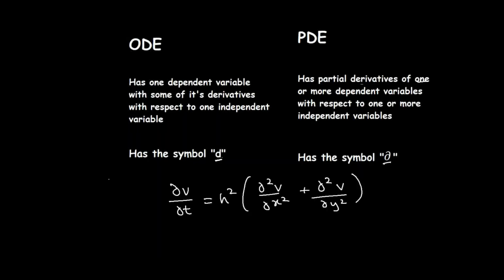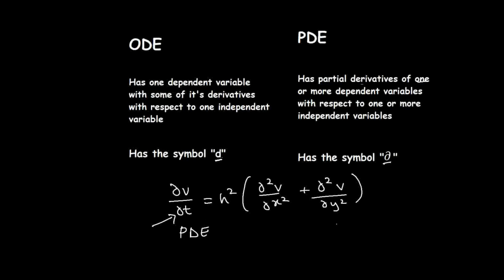With this example, let's find out whether it is an ordinary differential equation or a partial differential equation. First of all, the symbol that we have here tells us that this is a partial differential equation.